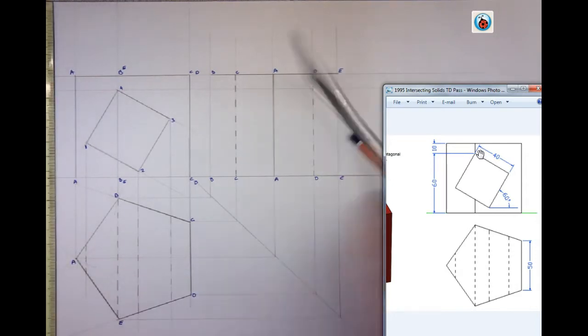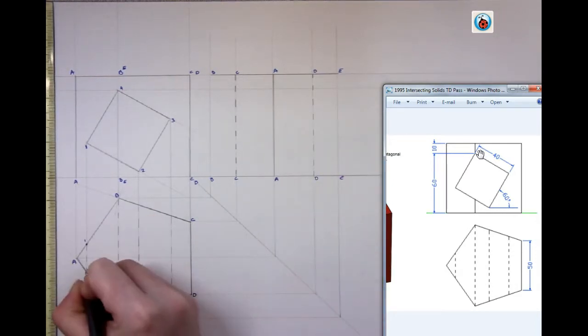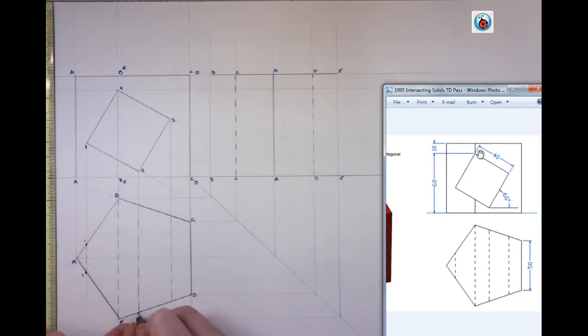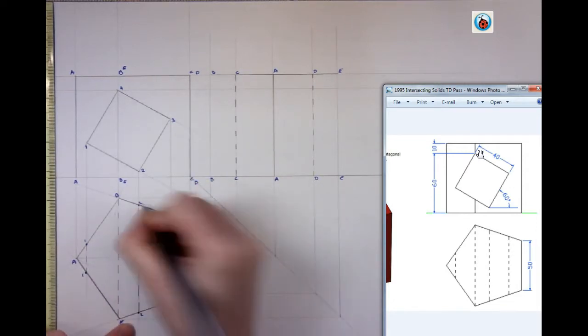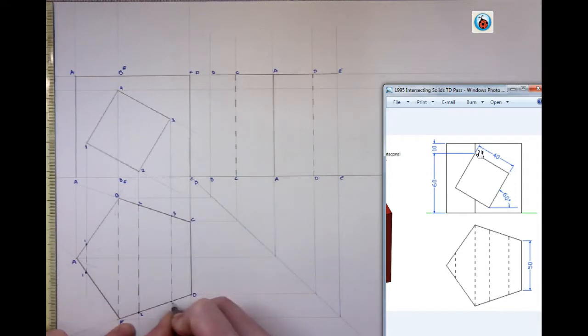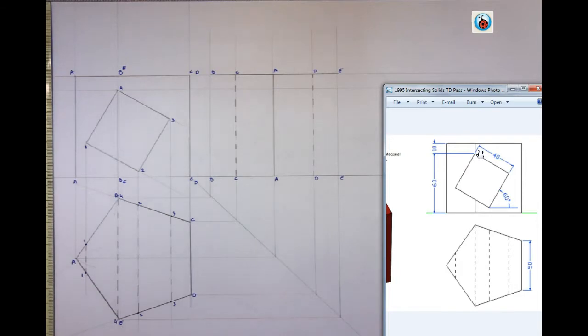Now, that's given me a point here, 1, another point 1. I have 2, and 2, 3, and 3, and 4, and 4. So that's after giving me those points in my plan. So my plan is complete.